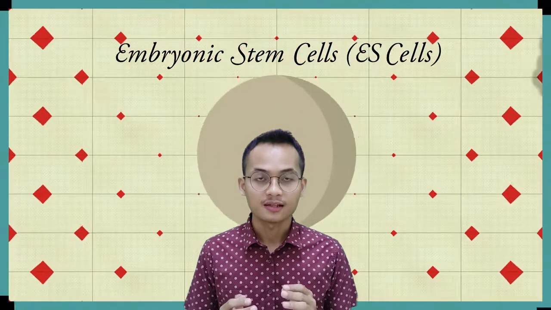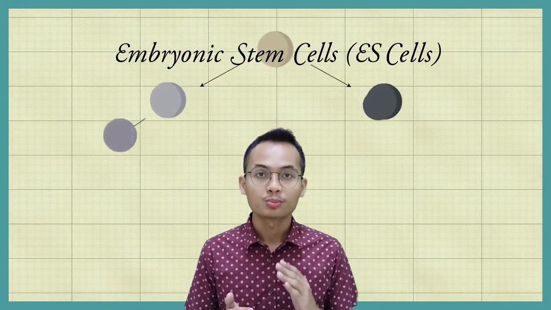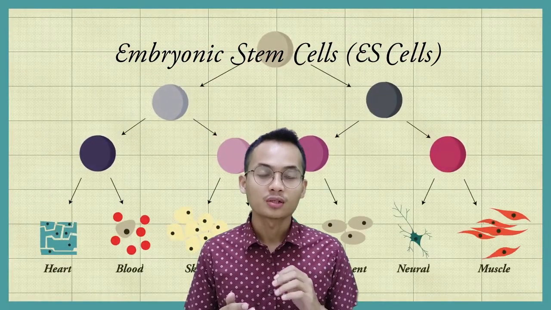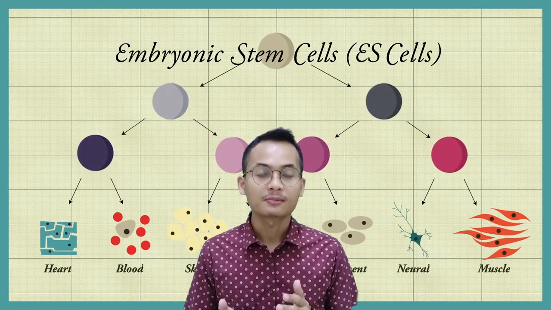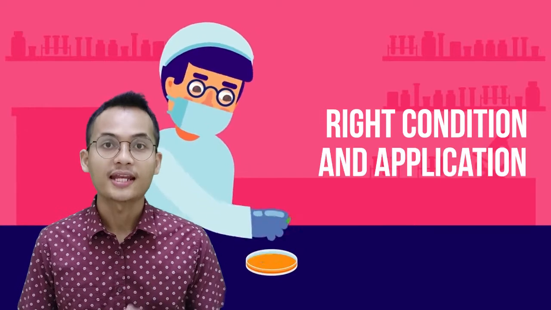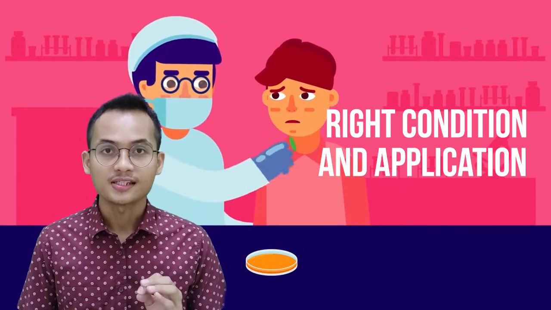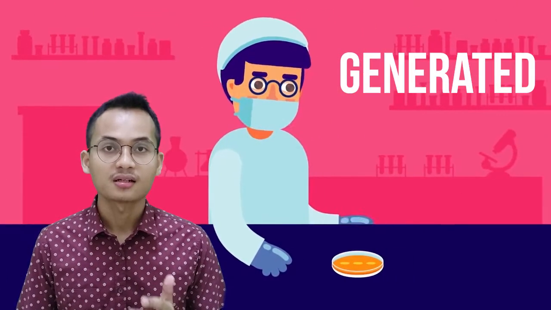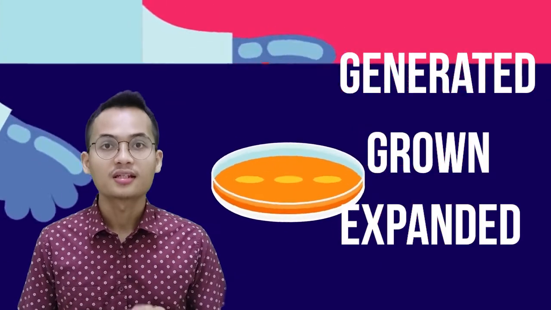This is because embryonic stem cells have the potential to be generated into every cell type found in the human body.